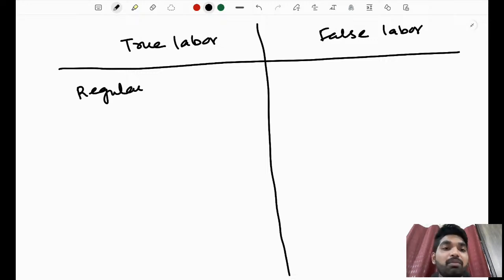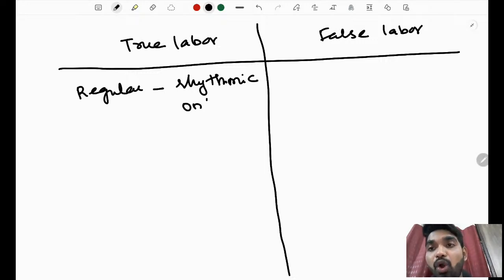Yes, you are right, Lakshmi, Alam, you are right. It is regular and rhythmic, that means it will show on-off phenomena. For some time pain will be there and again it disappears, again the pain gets started. So on-off phenomena is seen in case of true labor, right?